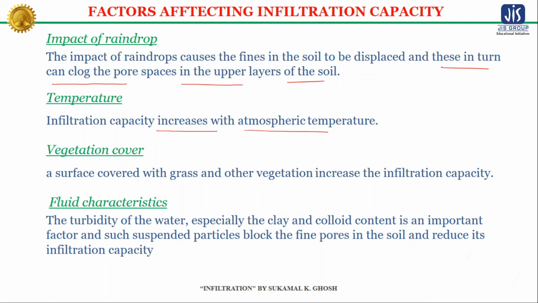Apart from that, a surface covered with grass and other vegetation increases the infiltration capacity. The vegetation cover increases the infiltration capacity due to two reasons. The first one is that the surface covered with grass and other vegetation reduces the impact of the raindrop.